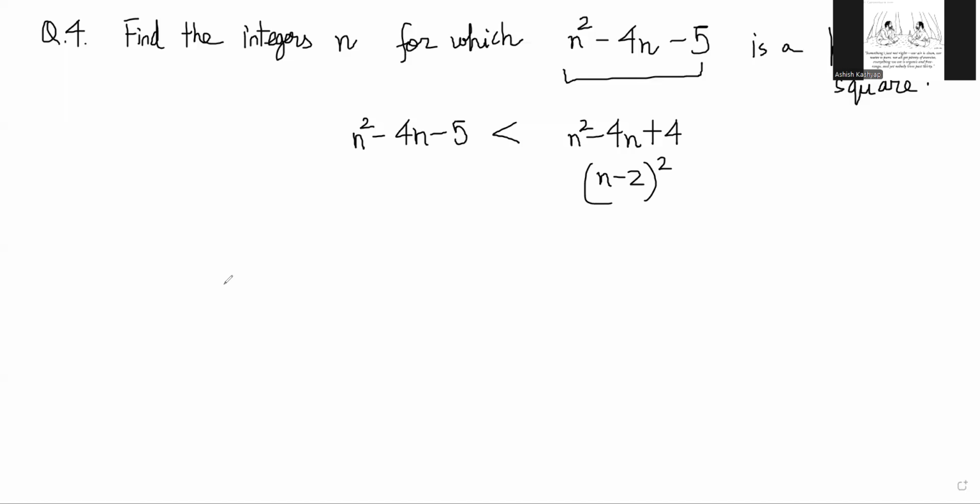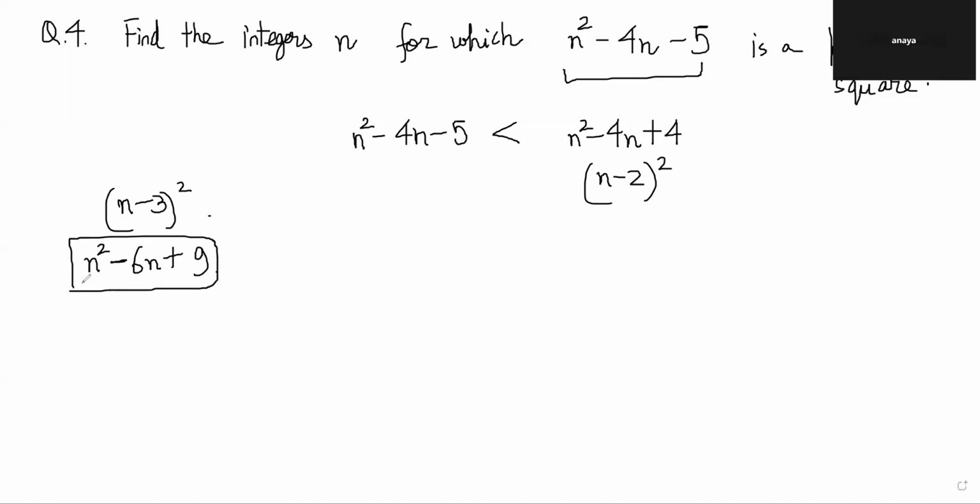But for that property, we needed two consecutive squares. So let's think of (n minus 3) square also. That is n square minus 6n plus 9.